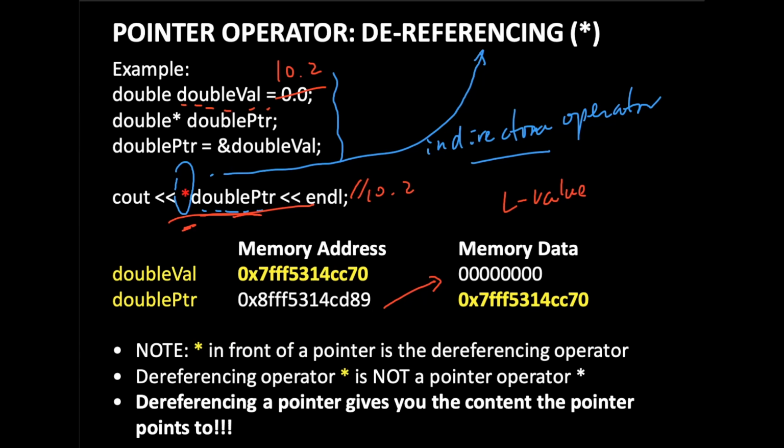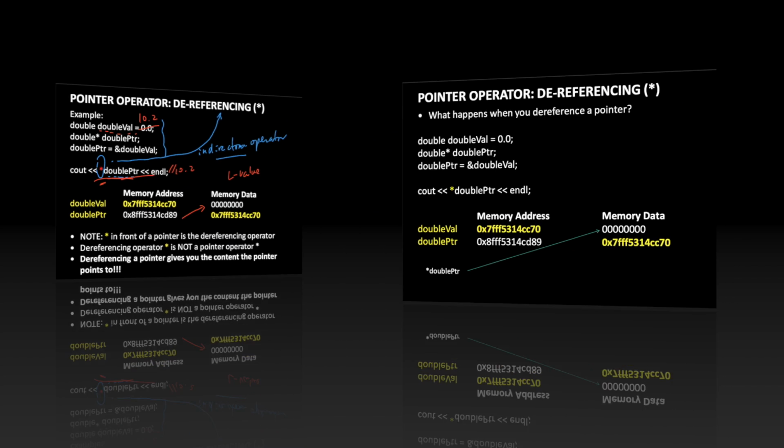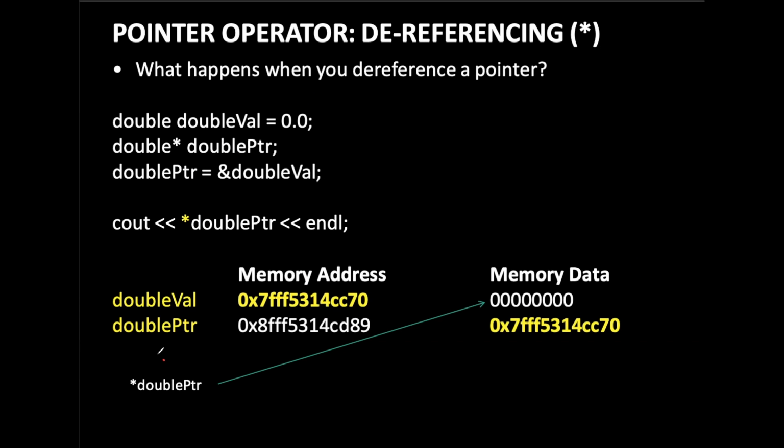So no longer do you have to pass your entire object by value into a function. You can pass it by, for example, pointer, and by dereferencing that pointer later on, you get back the value of the object that you passed to that function. This slide illustrates the effect of what we just discussed. When you dereference a double pointer, you get back the value of the object that this pointer points to. So this object is doubleVal with a value of 0.